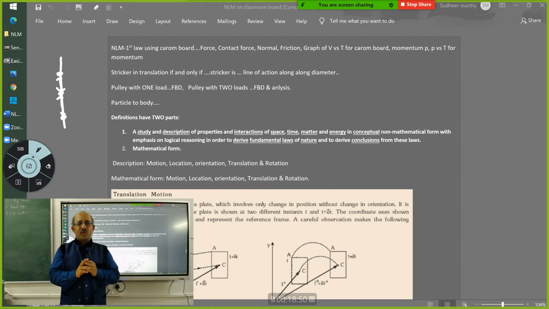You look at the world around you, wherever there are forces and wherever the forces are active, and try to see, in this one, what is the force doing? In this, what is the force doing? Like that, if you look at different things around you, you will see there are some keywords that are necessary to completely define force. So identify those keywords.